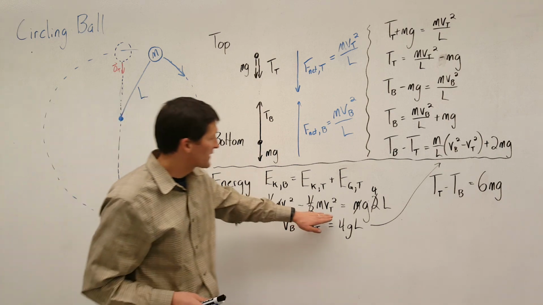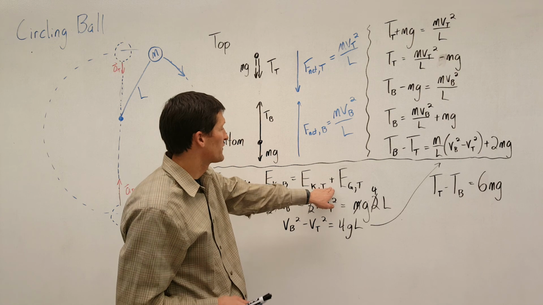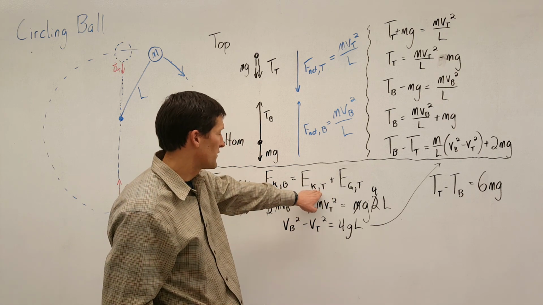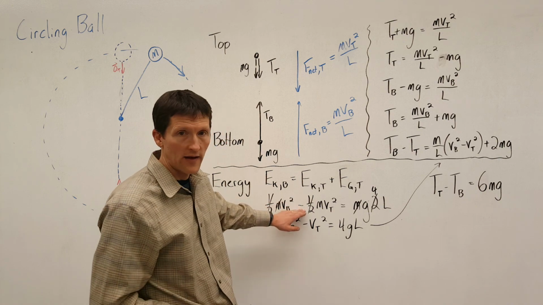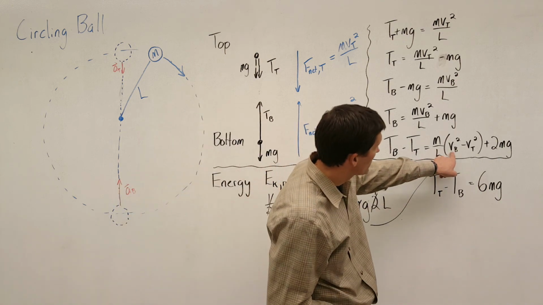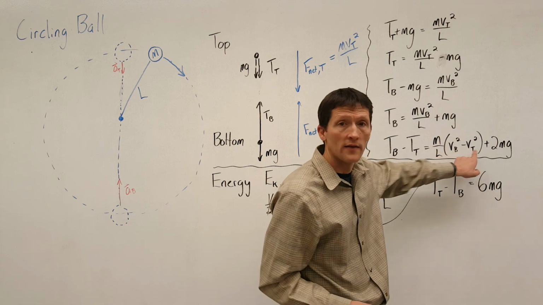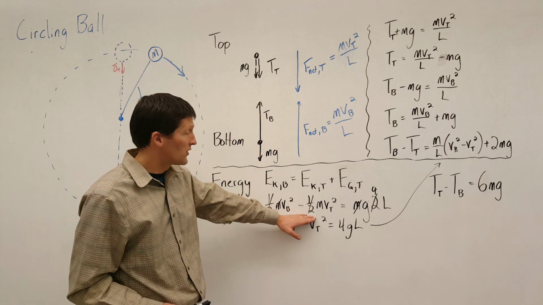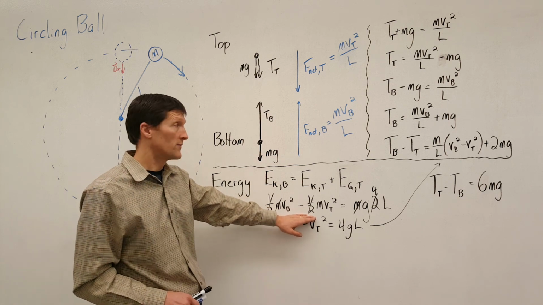And notice I've done one extra step in going to the second line. I've also subtracted this kinetic energy from both sides to bring it over onto the left side of the equation, because I know, looking ahead, that I'm looking for a difference between the speed at the bottom and the top.